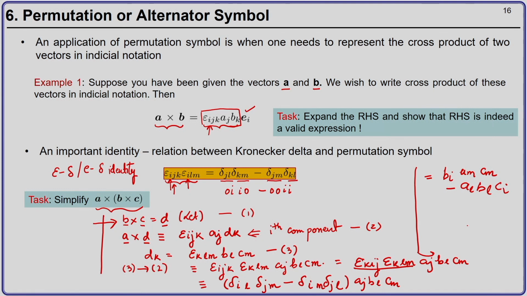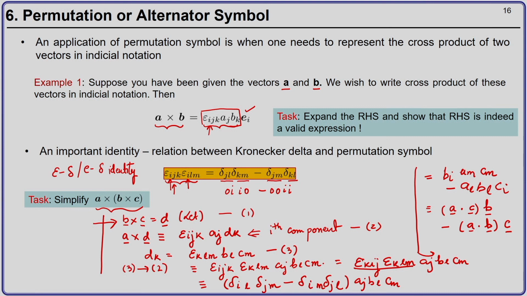So what is A_m C_m? I have simplified now, but this is in indicial notation, so I have to write it in direct notation. A_m C_m is A dot C into vector B, minus A dot B into vector C. So that is what the expression A cross B cross C simplifies to.